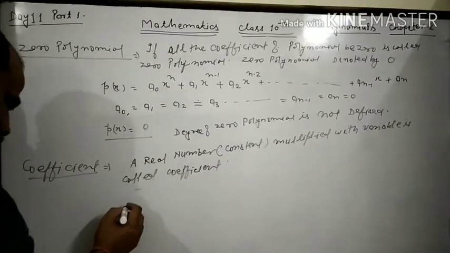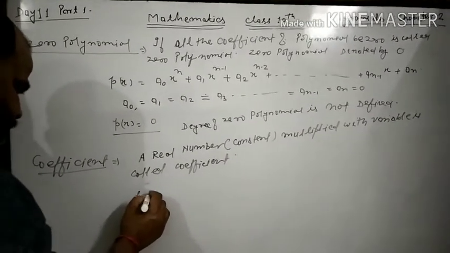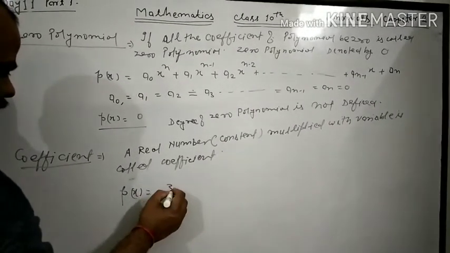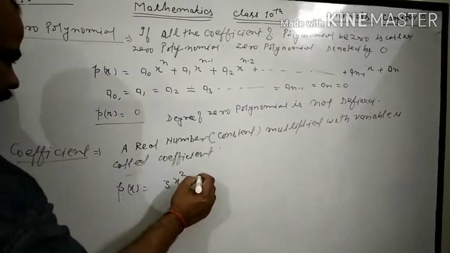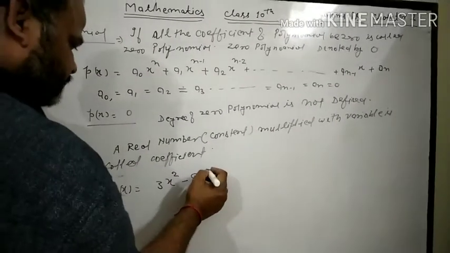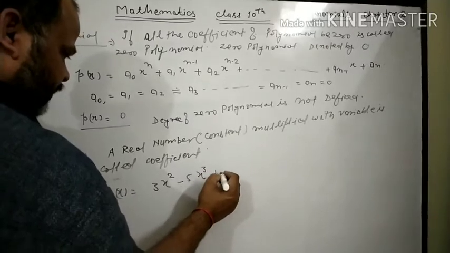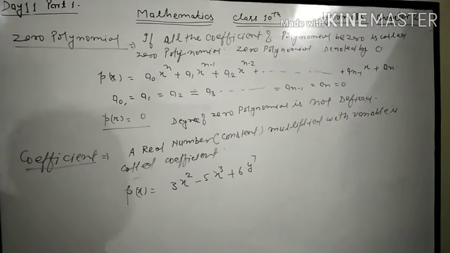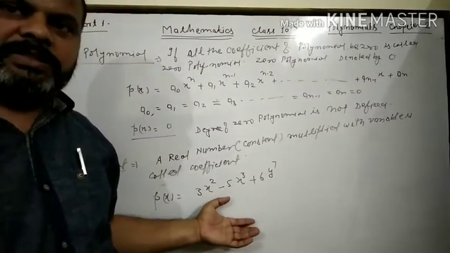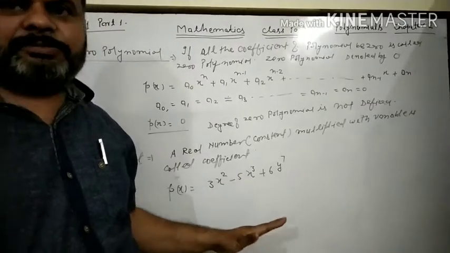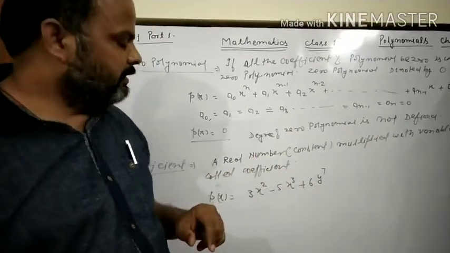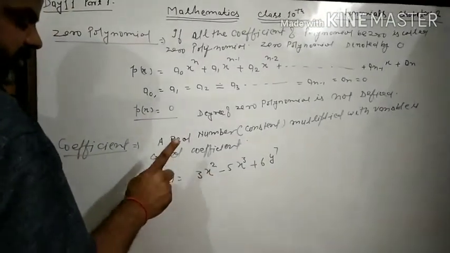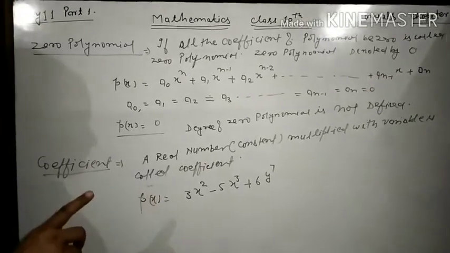Suppose in any question P(x) is equal to 3x square minus 5x to the power 3 plus 6y to the power 7. And the question asks what is the coefficient of the highest power of the given variable. Then first we check what the variable of the polynomial is.